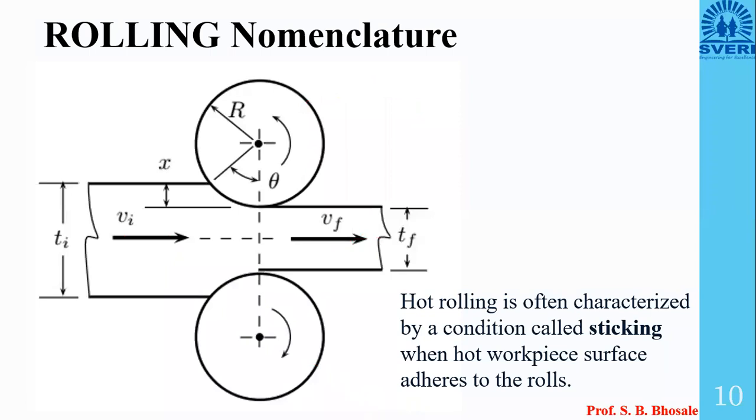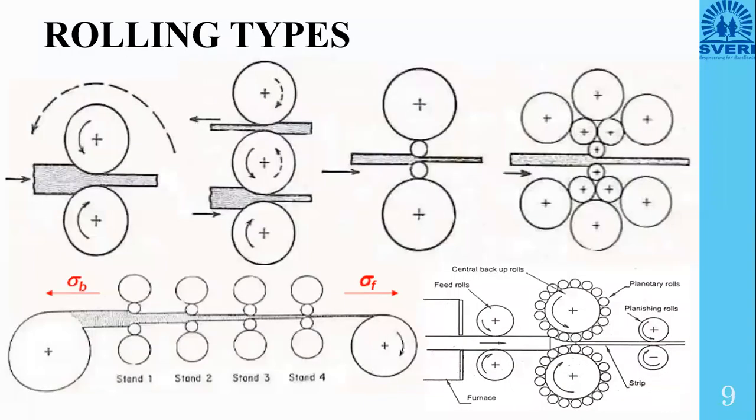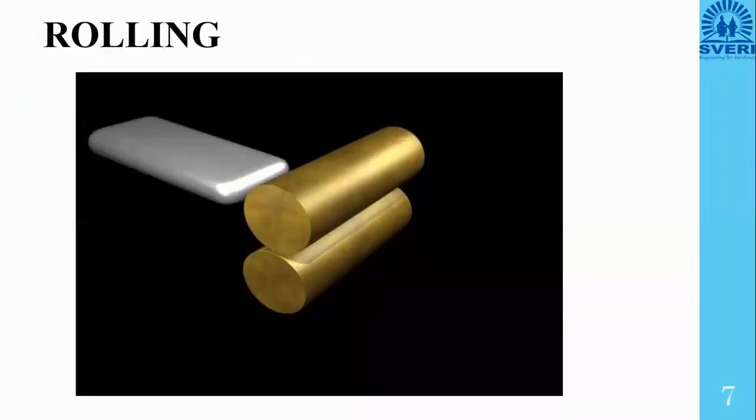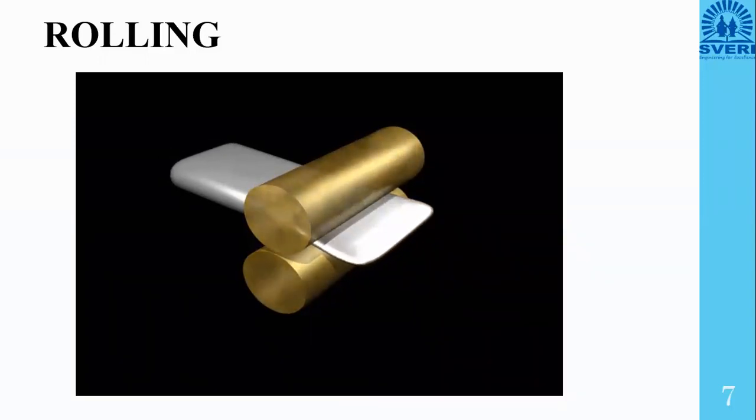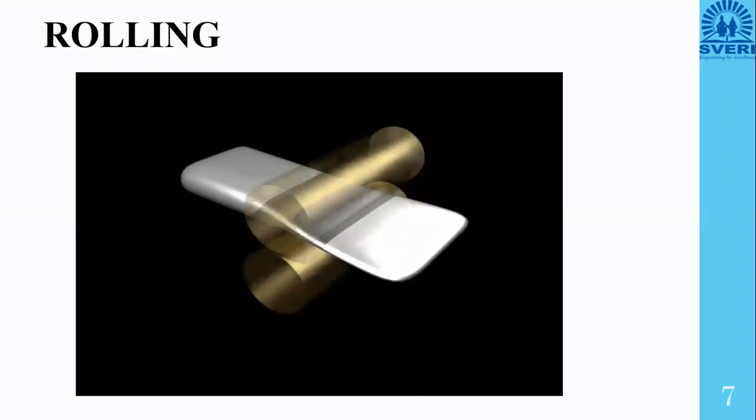Once again we will go to that animation and look at how it looks. Here the incoming material is a little bit slow, but as it comes out from the rollers, the velocity might increase a little bit. Is it right?